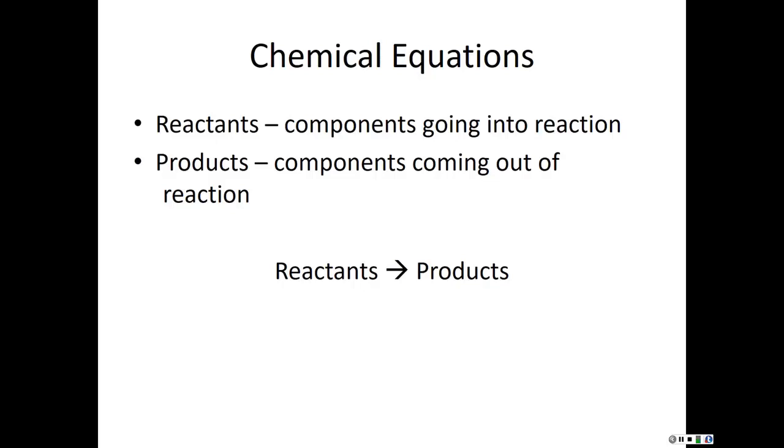And everything before it is before your reaction occurs. And everything after your arrow is after your reaction occurs. So before your reaction occurs, the parts are called reactants, because they're the ones that are going to be doing the reacting. And after is called the product. So reactants are on the left side always. Products are on the right side of your reaction.